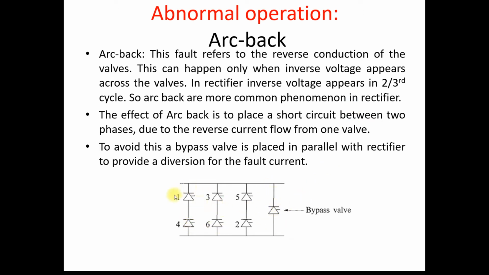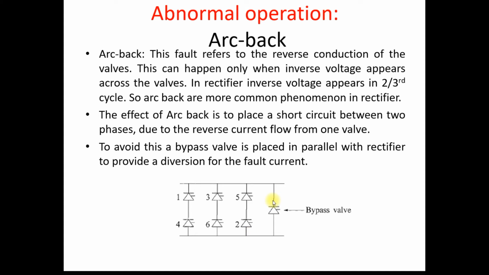When this abnormal condition happens in the converter, the whole current of the converter is bypassed through the bypass valves. The controller senses this type of fault. At that time, the controller removes all the gate pulses of the main valves, and the bypass valve is turned on, so all the supply current is transferred to the bypass valve.